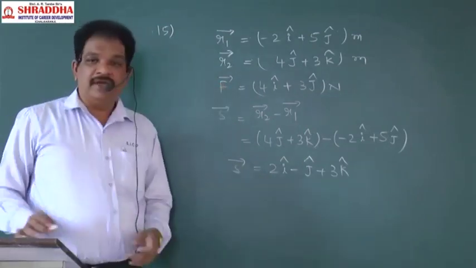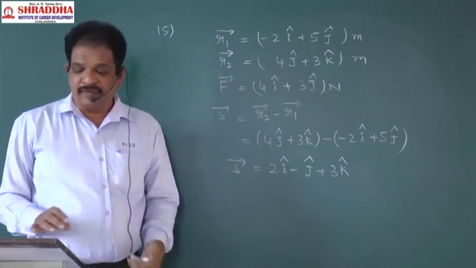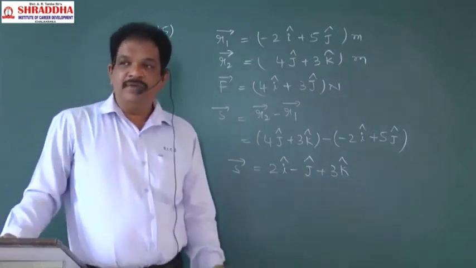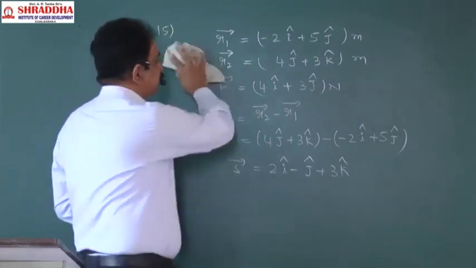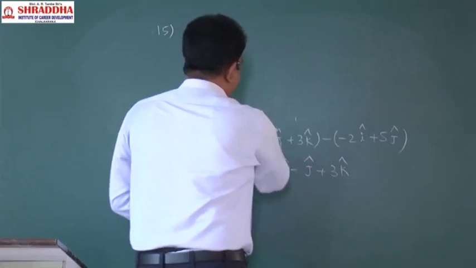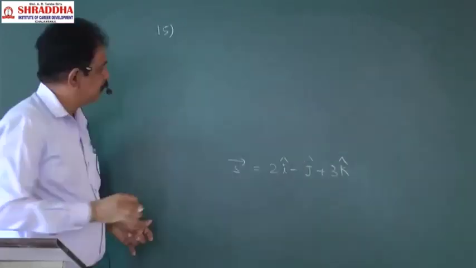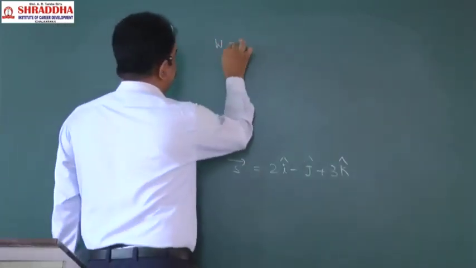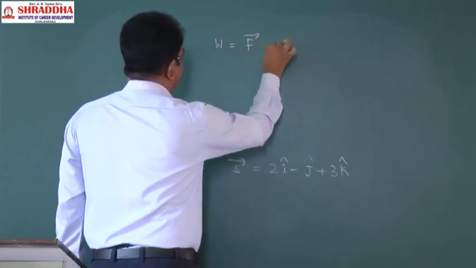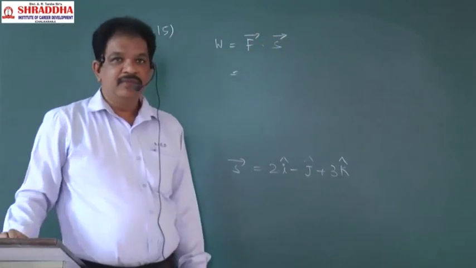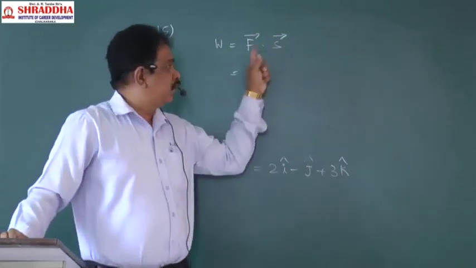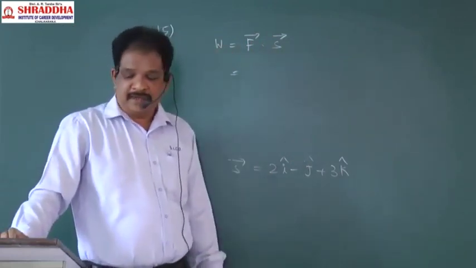We can calculate the work done using the formula W is equal to F bar dot S bar. W is a scalar, remember. Dot product of two vectors will be a scalar.